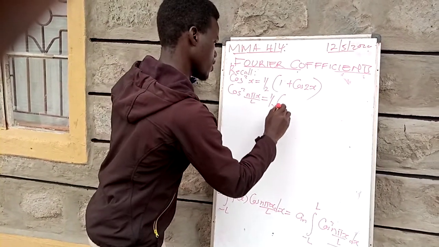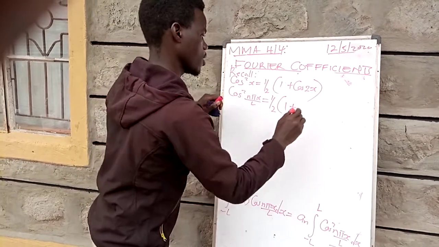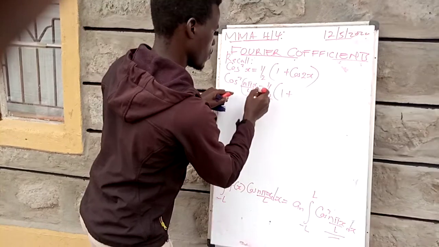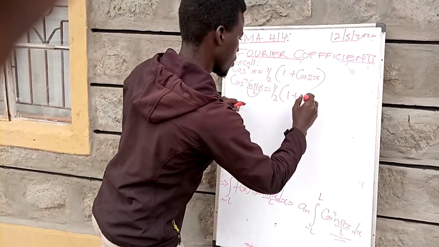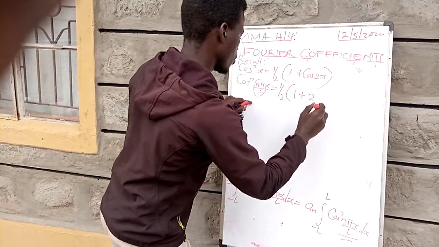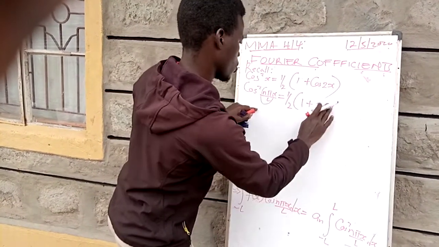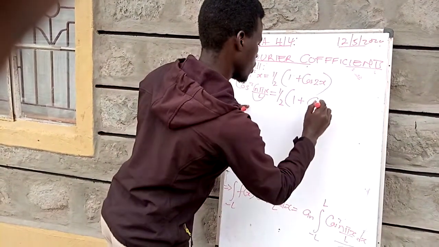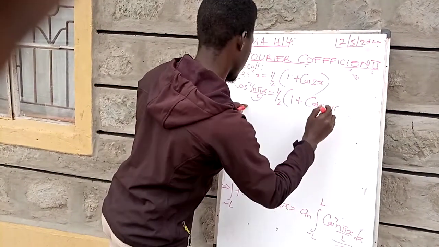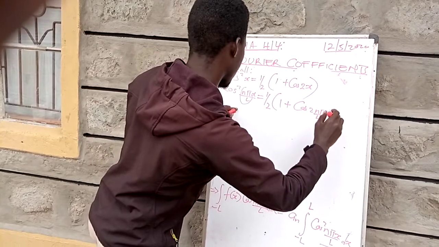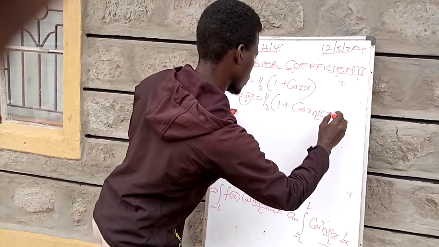A half into 1 plus, you see, we are taking the coefficient and multiplying it twice. So it will be twice the coefficient n pi, all over L, times x.